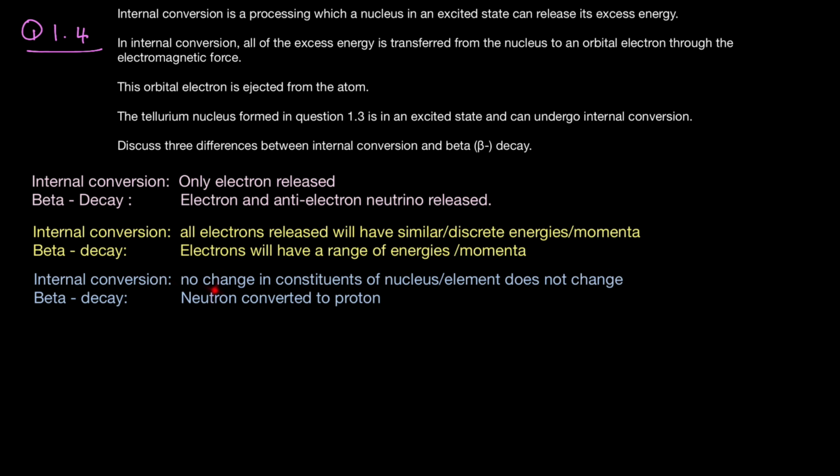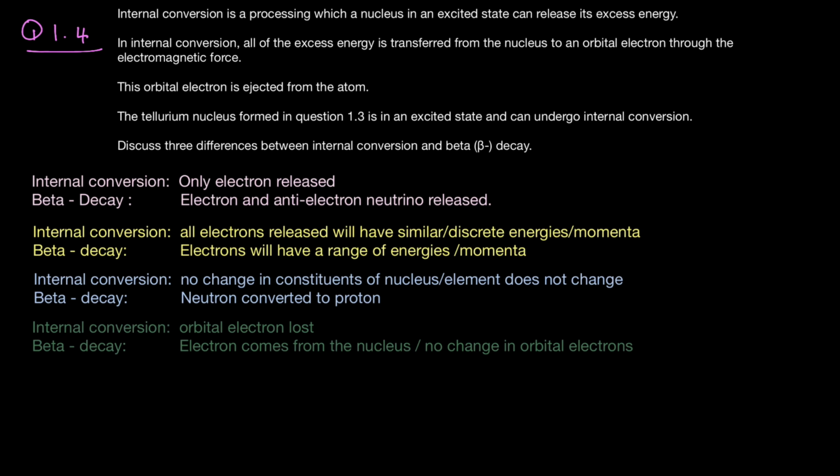In internal conversion, there is no change in the constituents of the nucleus and the element does not change. But for beta decay, a neutron is converted to a proton.